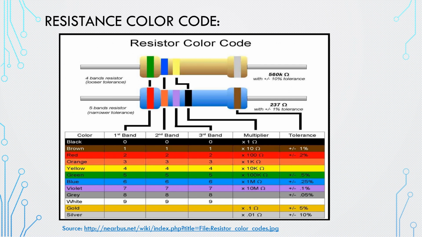This is the value of my resistor. This is not a good way to write the value. Either you convert this kilo to ohm, or you multiply this 10 by 56. So the final value is going to be 560 kilo ohm.